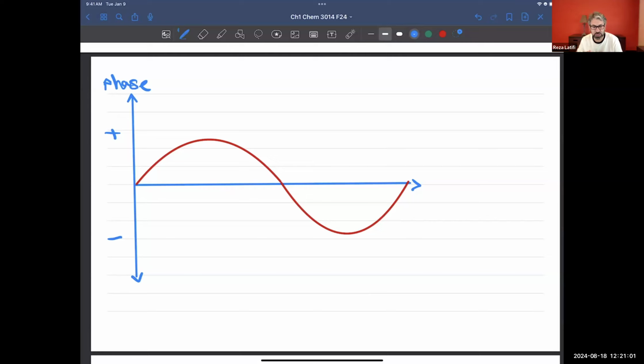Later, when we talk about the electron, it will be the distance from the nucleus, but here let's simply call it time. The distance of the max point from the horizontal line, we call the amplitude, and we show it by A.